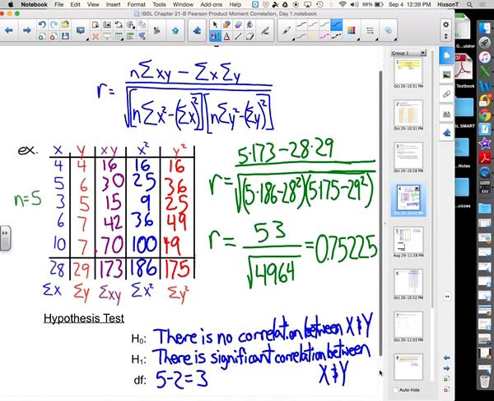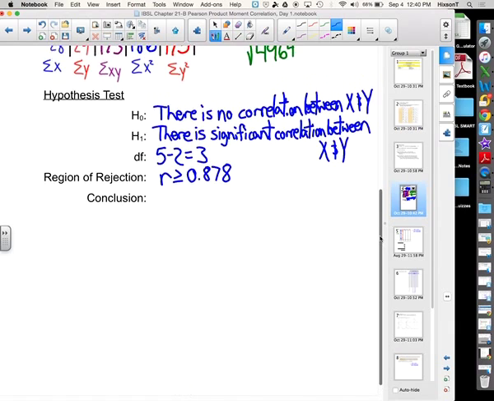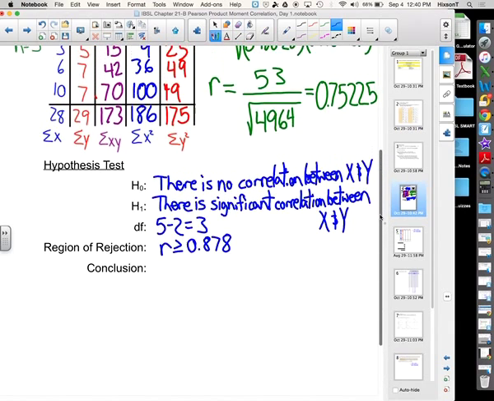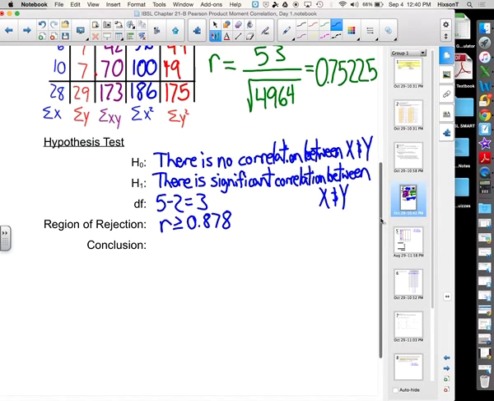Now that we know what the value should be, the region of rejection is R greater than or equal to 0.878. R we found to be 0.75225.